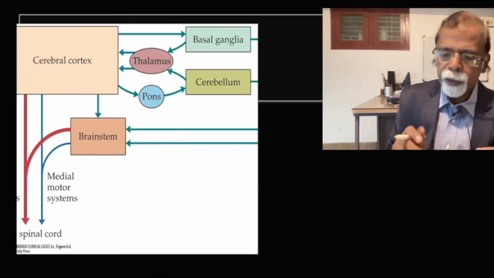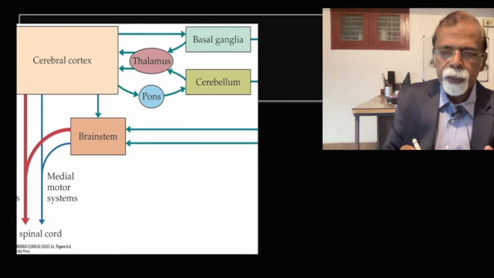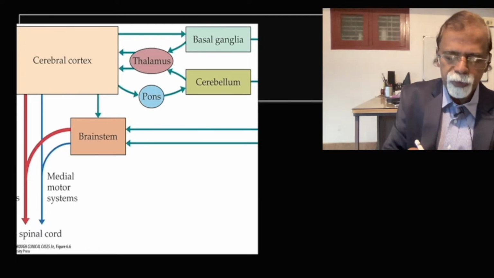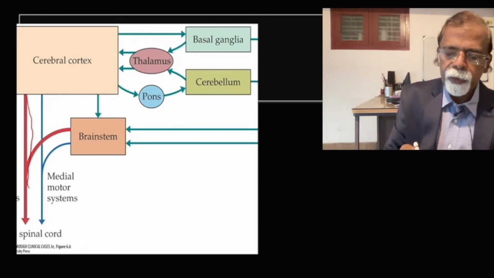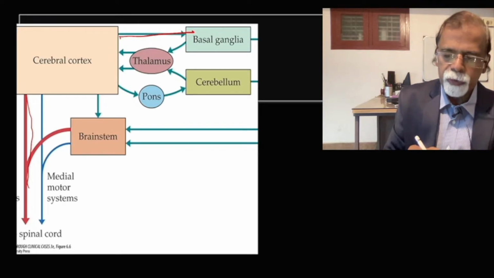So we'll make it a little more simplified. That is, the cerebral cortex gives the information. It passes down via the corticospinal pathways. At the same time, the cortex gives information to the basal ganglia even before the pathway comes down. From the basal ganglia, impulses reach the thalamus.